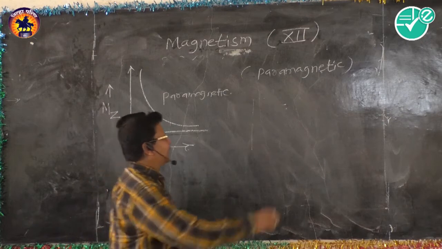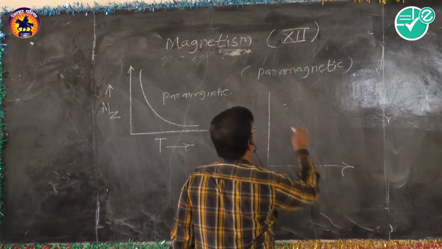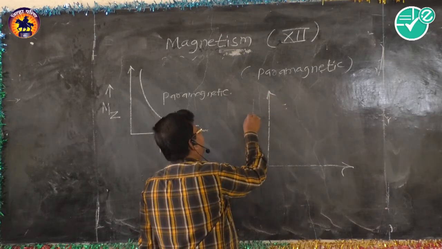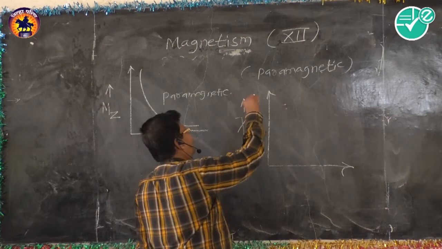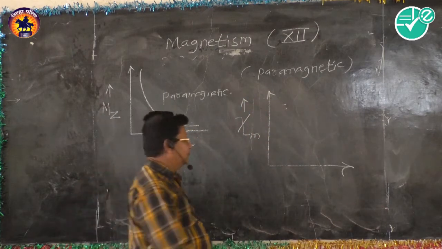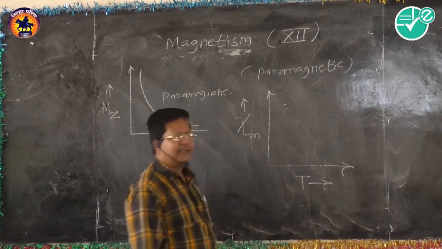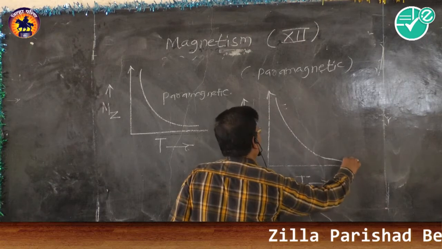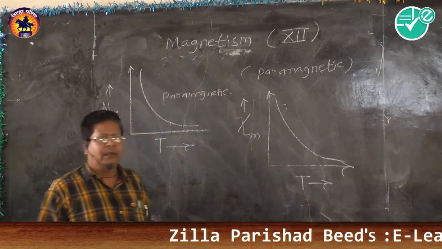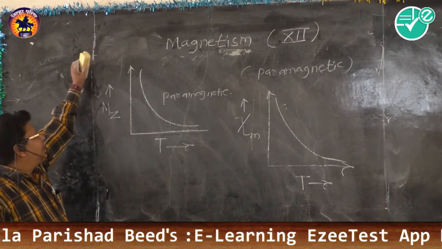Again, if we plot another graph of the same nature, taking magnetic susceptibility Chi-m on the y-axis and absolute temperature on the x-axis, the nature of the graph comes out to be a parabola.